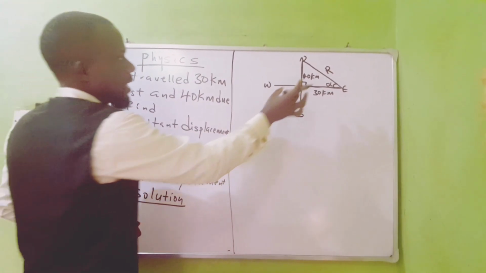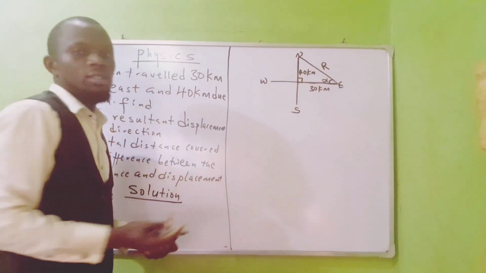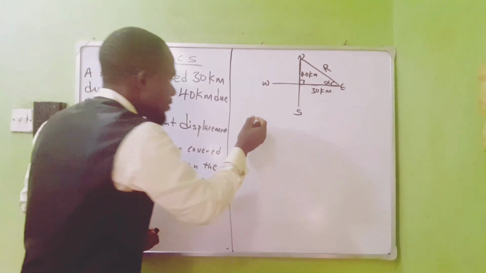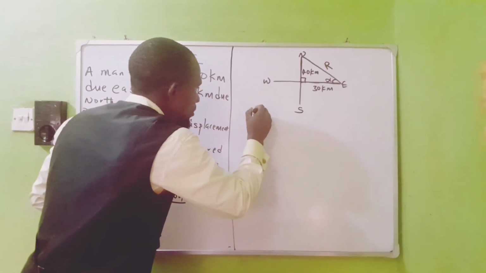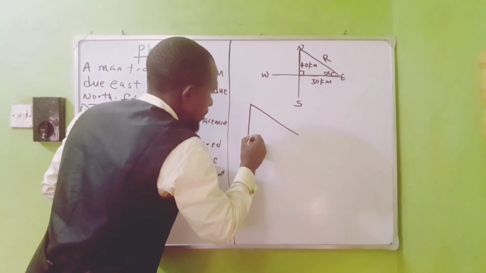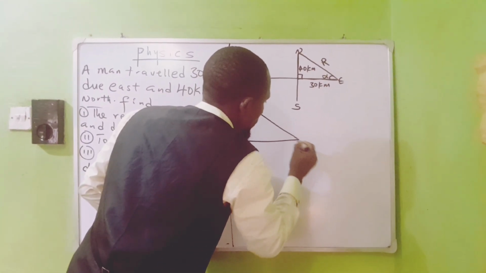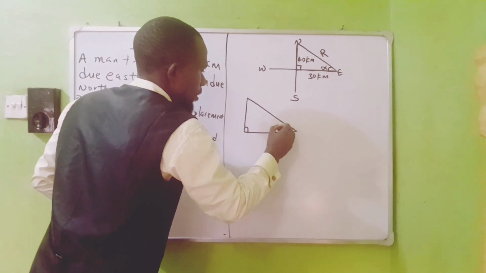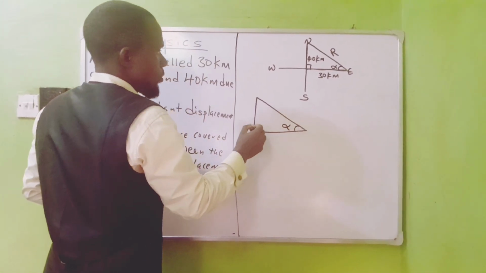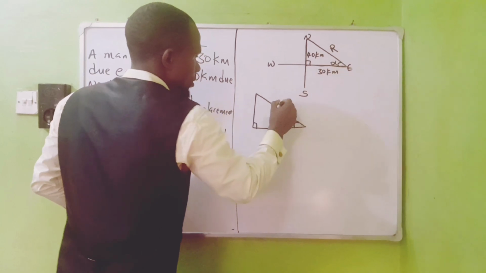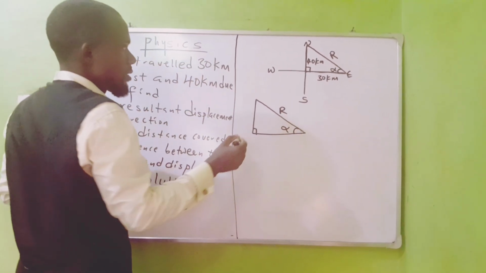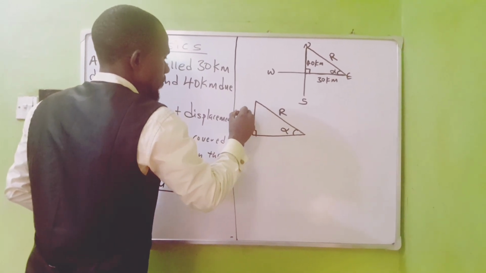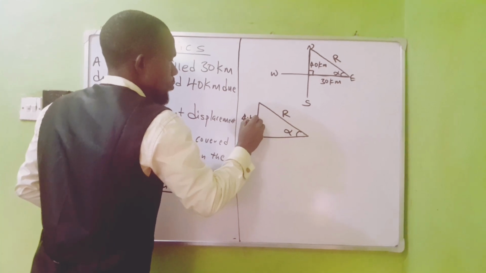So I can bring this out from this particular diagram. I have something like this. This is my 90, this is my alpha. This 90 is facing this, so this is my resultant displacement. This is my 40 kilometers.